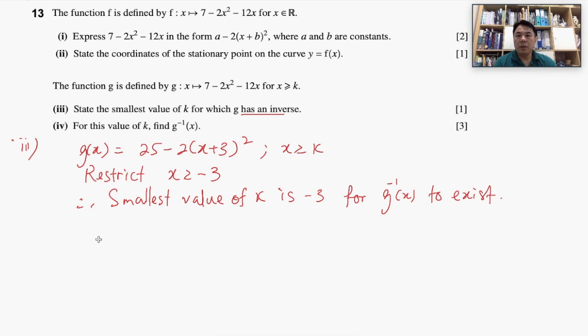That's the key. And then finally, we need to obtain the inverse for this value of k. Now number 4, k is negative 3. We're going to find its inverse.